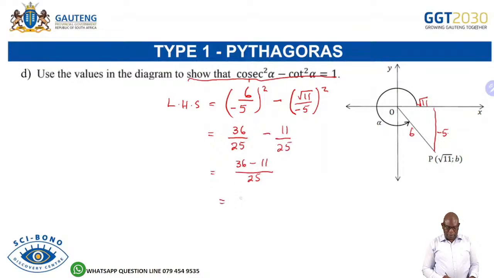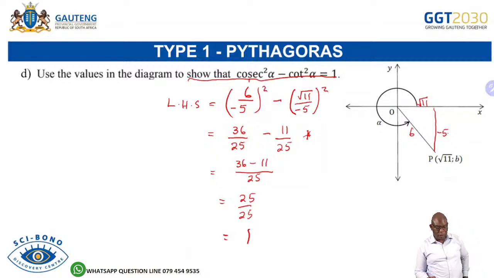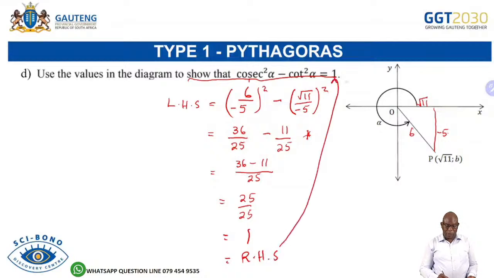I would prefer that you use a calculator when you come to this step, and that answer will be 1. So therefore I can say this is the same as the right hand side, which is already given there as well. So I've shown that the left hand side is equal to the right hand side by using that sketch.